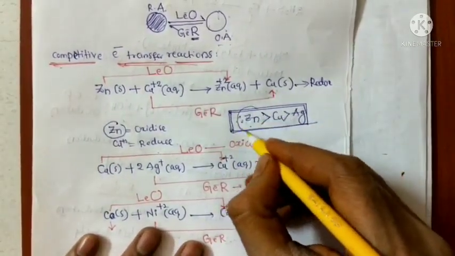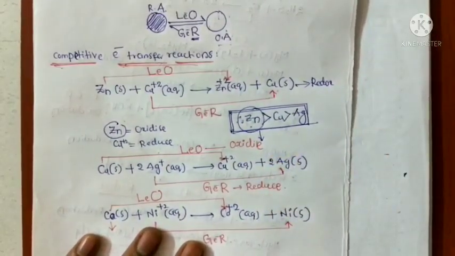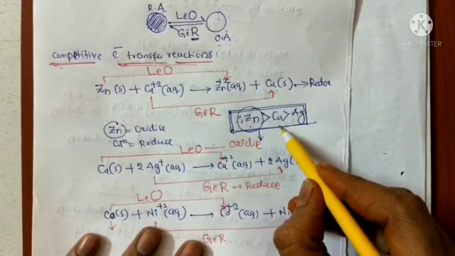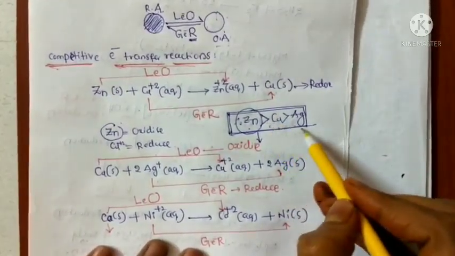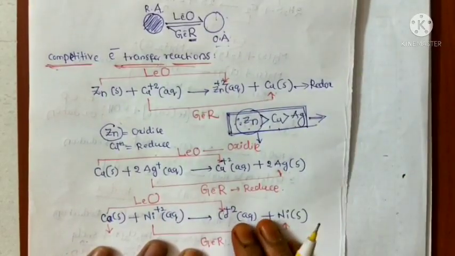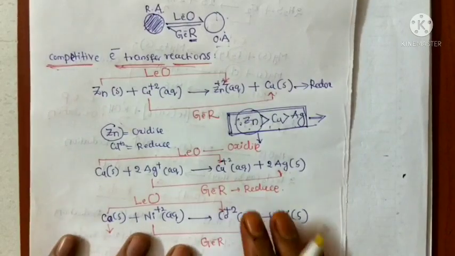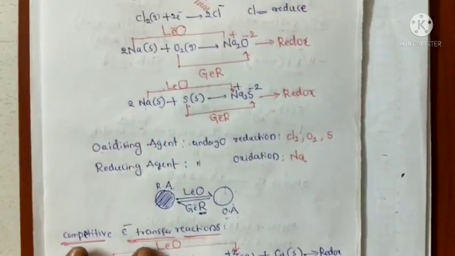Zinc always loses electrons more readily compared with copper and silver. These are determined based on the electrochemical series. So this is the information about redox reactions.